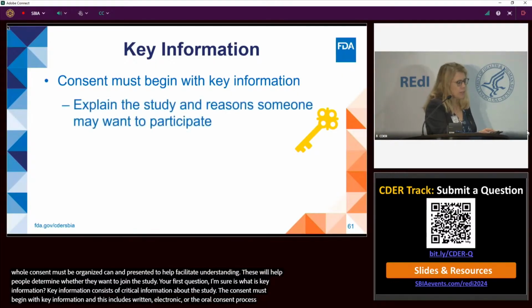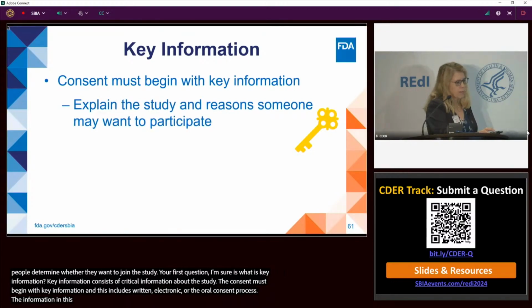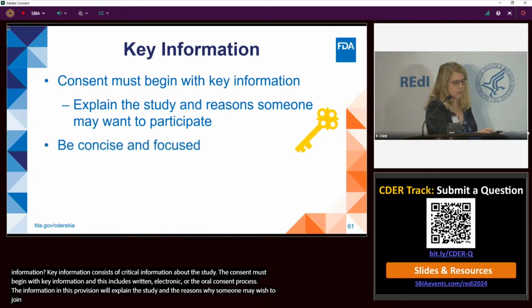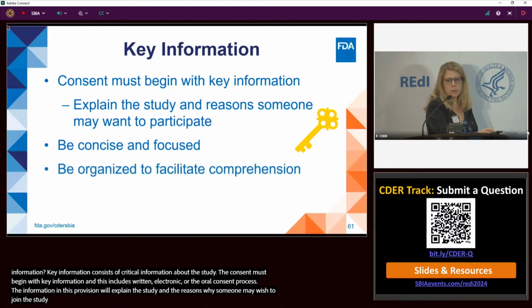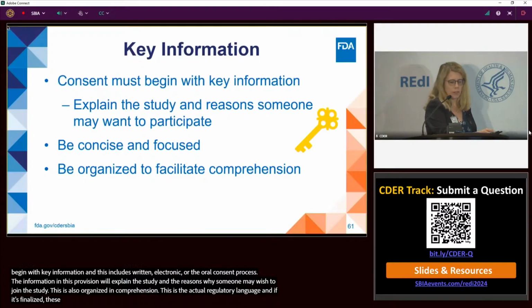The information in this provision will explain the study and the reasons why someone may wish to join the study. It also should be concise and focused. It also must be organized to facilitate comprehension. This is actual regulatory language. And if the FDA's proposed rule is finalized as we've proposed it, these will become part of FDA's regulations.